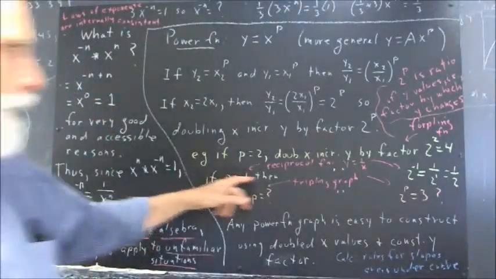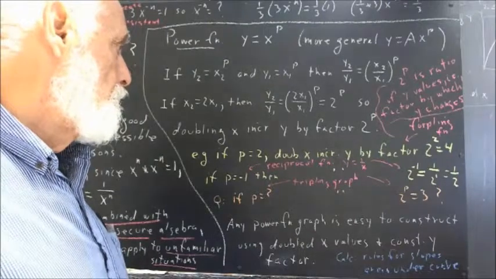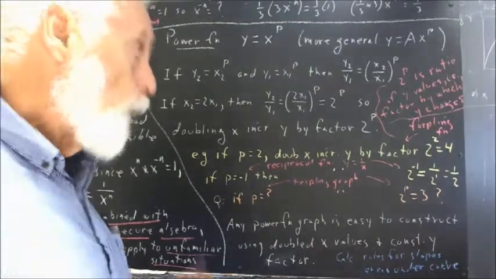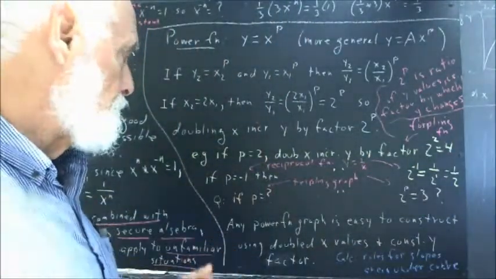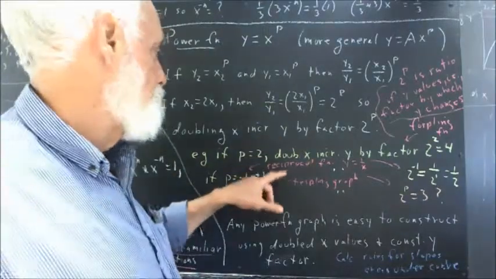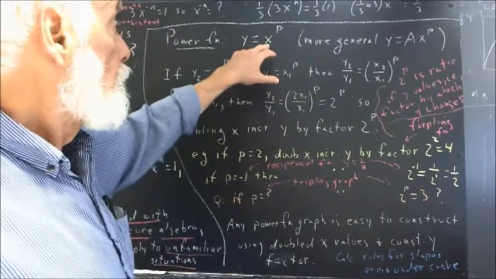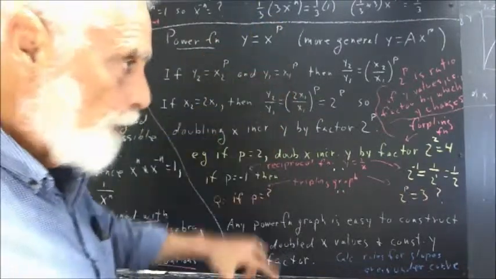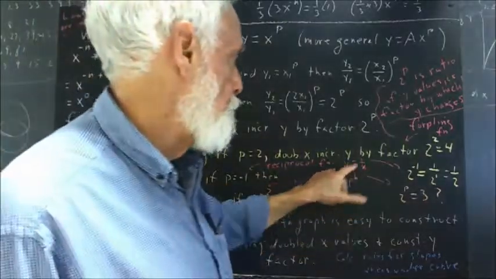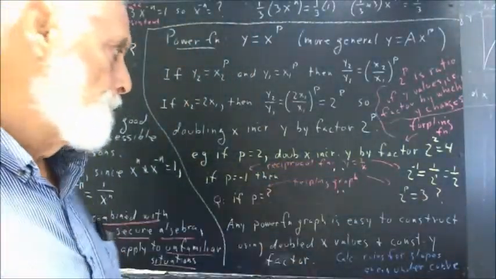So for p equals negative 1, the y factor is 1/2. When x doubles, you get half the y value. The p equals negative 1 function is x to the negative 1. x to the negative 1 is 1 over x to the 1, 1 over x. This is your y equals 1 over x function, your reciprocal function.